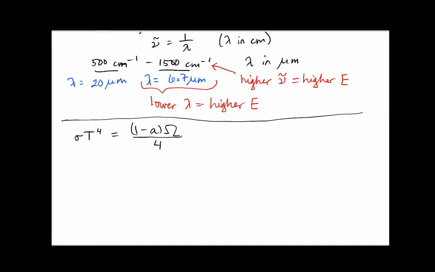And this term on the left-hand side was our total amount of warming on the Earth. And then this term was the amount of warming from the sun.